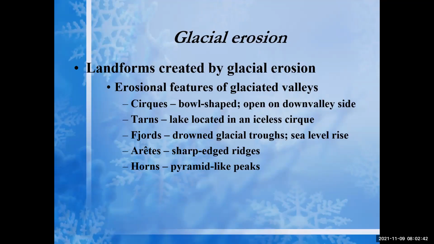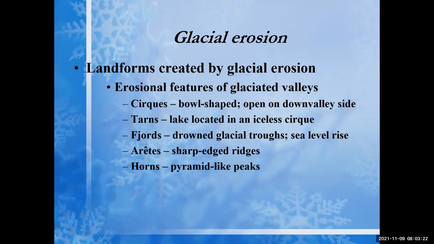I'll note that we just mentioned lakes, that sometimes when these glaciers go away, within these cirques, you have one of those low points. And so sometimes you get lakes forming inside of these cirques. We call these tarns. So a lake located in an iceless cirque is called a tarn. And there are actually examples of tarns in our local mountains, in the San Bernardino mountains, likely housing some glaciers a few thousands of years ago.